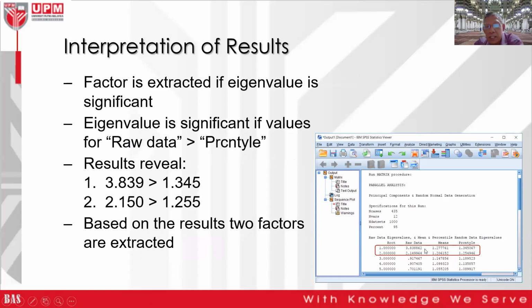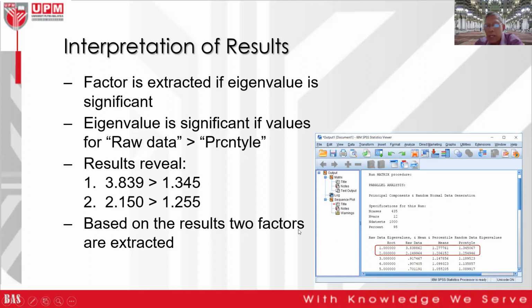In this example, under the root here, for the first factor, raw is 3.8 and percentile is 1.34. Since this is bigger than this, that means you have factor 1. When you go to the second line, the second potential factor, the raw eigenvalue is 2.149 and the percentile is 1.25, also bigger.